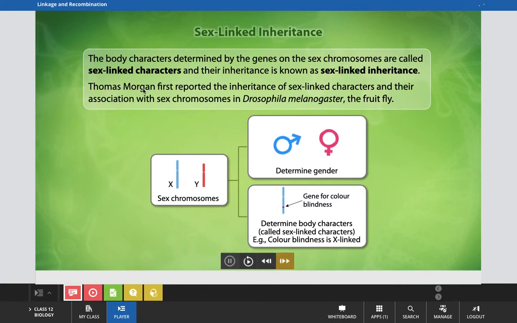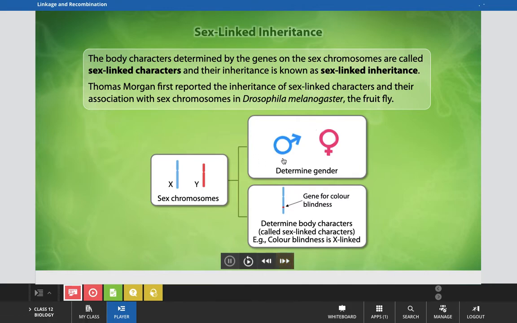Thomas Morgan was the biologist who first reported the inheritance of sex-linked characters and their association with sex chromosomes in Drosophila melanogaster, which is also known as the fruit fly.